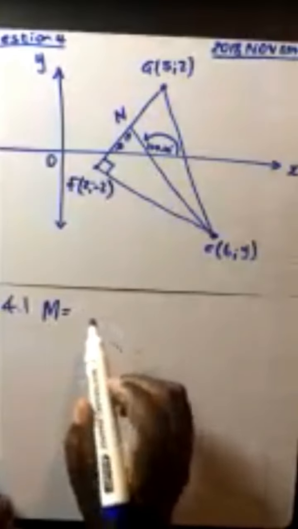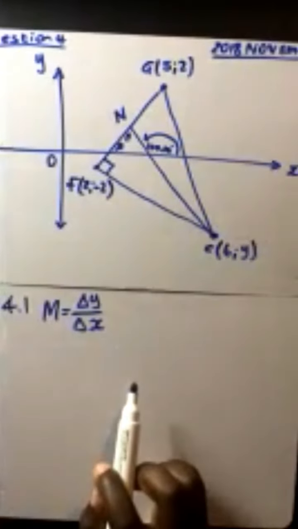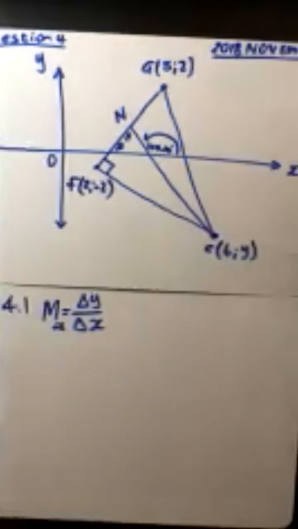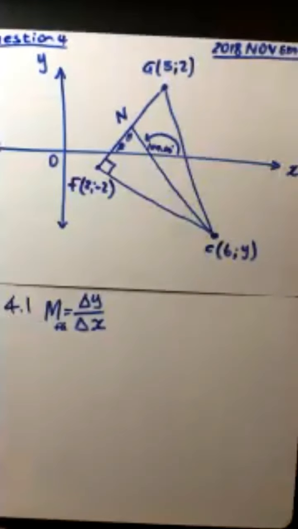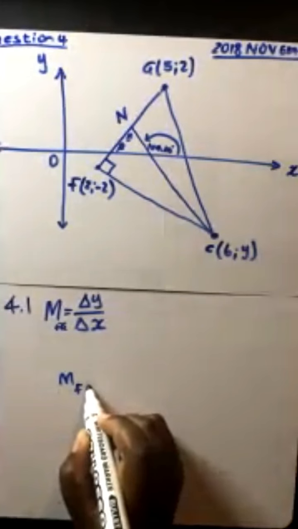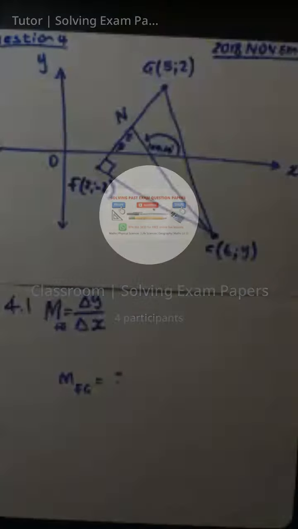We know the formula for the gradient, ladies and gentlemen, is change in Y over change in X. What gradient are we calculating? It is the gradient of FG. Very, very much important, ladies and gentlemen, that at all times when you're given a question, write down the formula that you're going to use to answer that particular question. Obviously, in the end, you must tell us what is the gradient of FG. But firstly, very, very much important that we write down the formula.